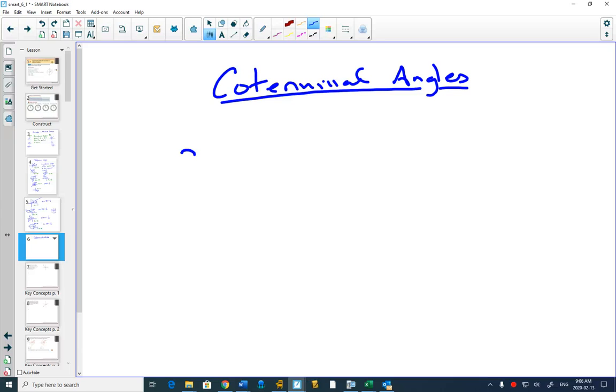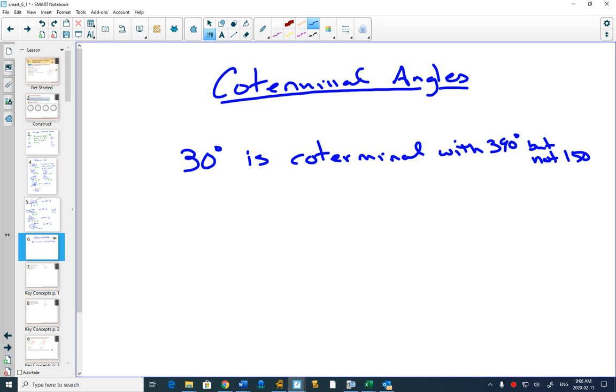For example, 30 degrees is coterminal with 390 degrees, but not 150 degrees. So it is coterminal with 390, but not 150.